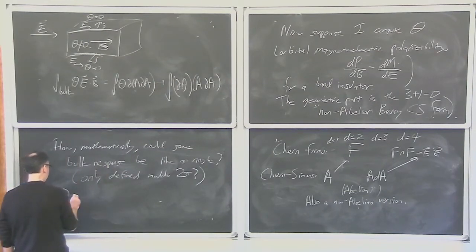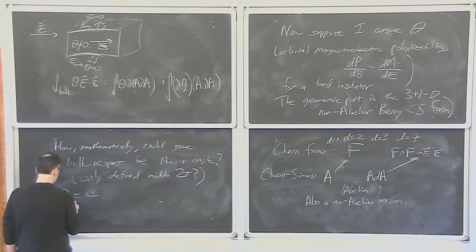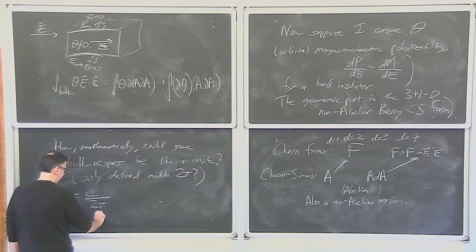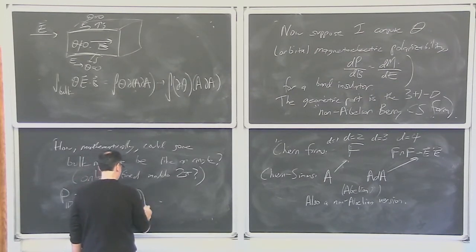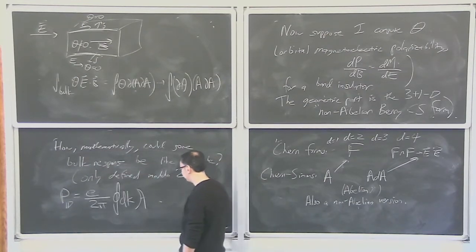And the original example of that was the electrical polarization. And I wrote down a formula, but I said this is actually a little bit trickier than the quantum Hall formula. I said that polarization in 1D is like electric charge. There's a factor of 2 pi. And then there's the integral over the one-dimensional Brillouin zone. And I'll try to write script A for the Berry connection.